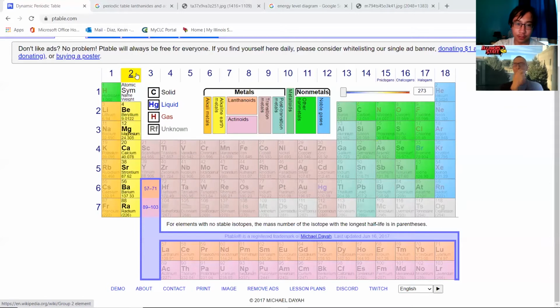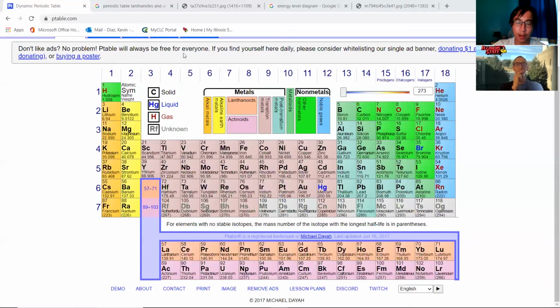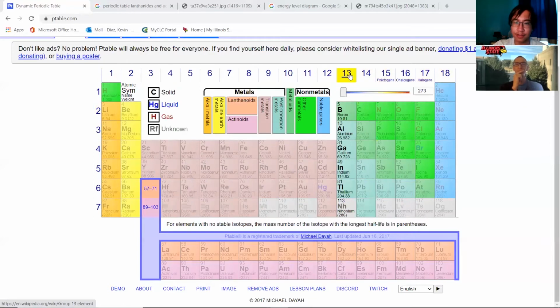In group 2, you have 2 valence electrons. I'm going to refer to the groups as the A category for now, or just focus on these elements for now. Group 3A, they have 3 valence electrons. And then all the way here, they have 8 valence electrons.